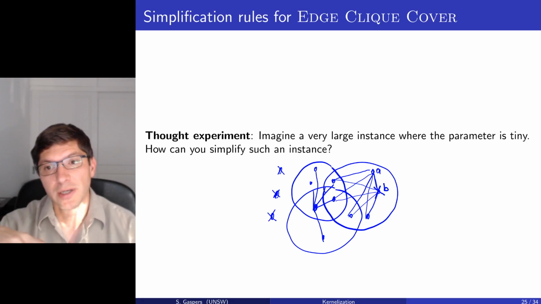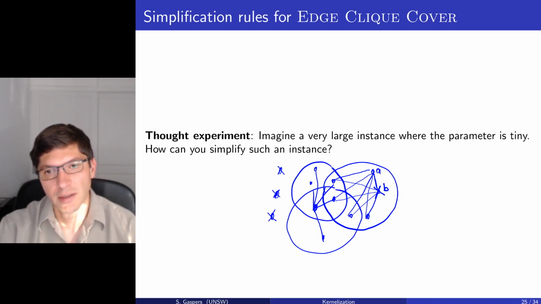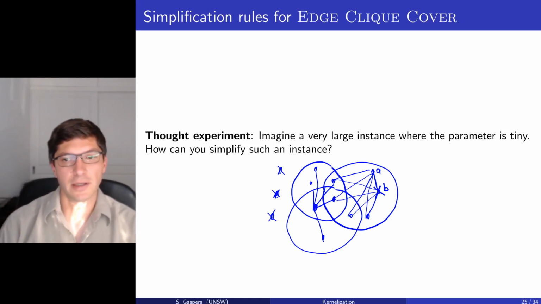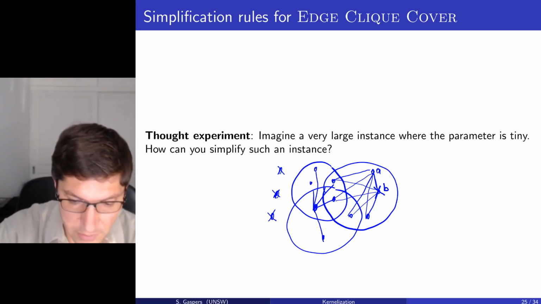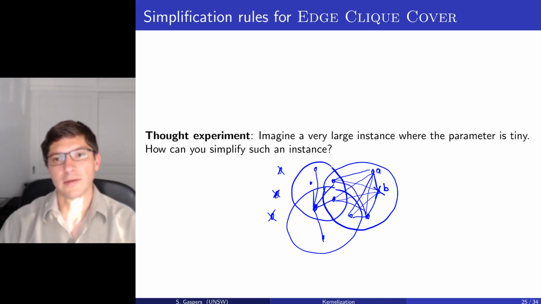If we have an edge clique cover for the graph that doesn't contain B, we can always get an edge clique cover for the graph that includes B by just adding B to exactly the same cliques that contain A. Because A and B look exactly the same, and they are adjacent, adding B to the same cliques as A will produce an edge clique cover for the graph. And we can do the same for this vertex down here, because it's also contained in the same cliques as A.